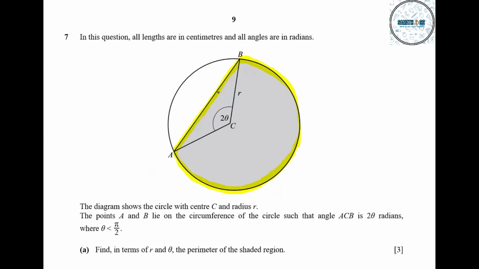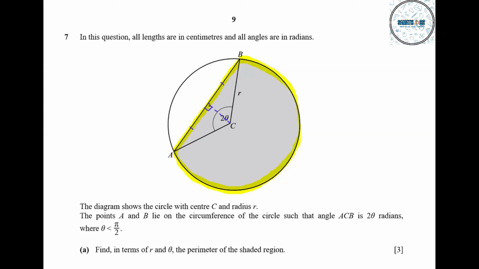To find out this length AB, we need to drop a perpendicular from here so that we get a right angle triangle. Now, when we drop a perpendicular from here, it means that these two lengths are equal. If we take out this length and multiply it by 2, then we will get the length of this AB.